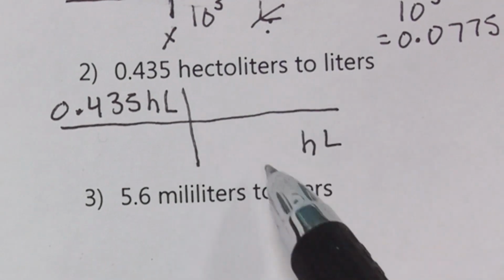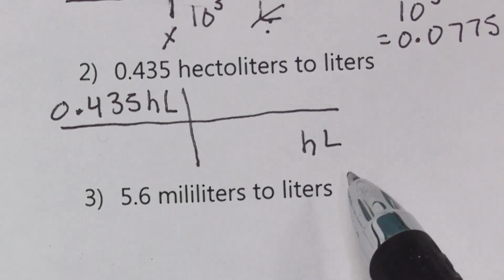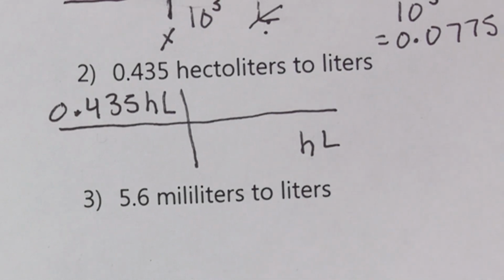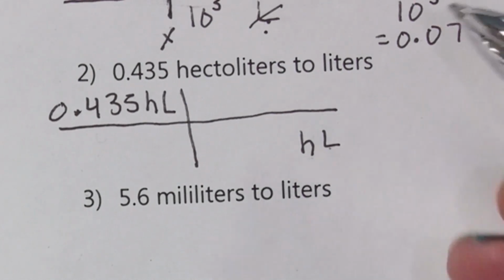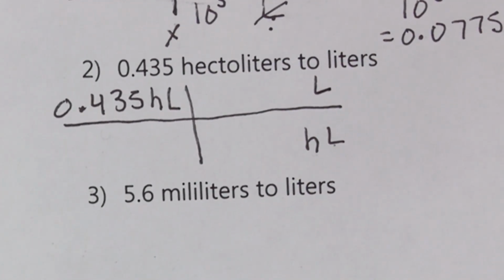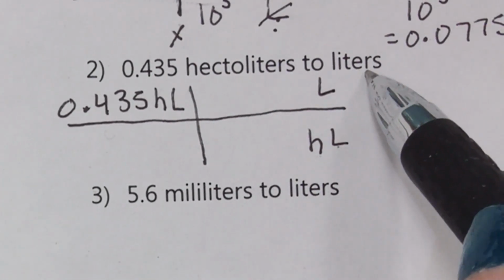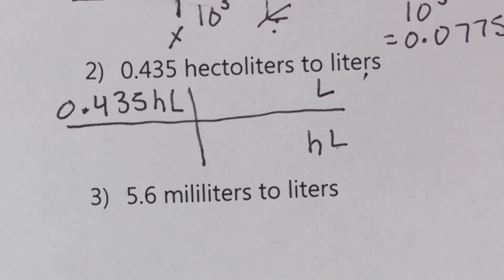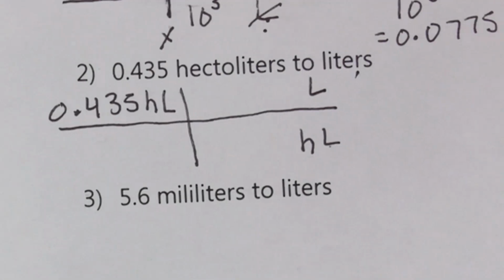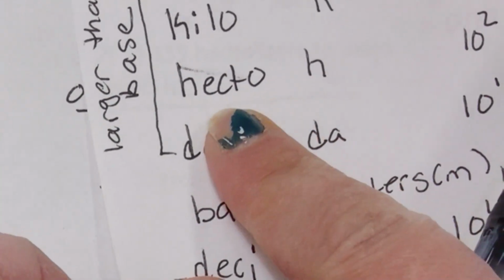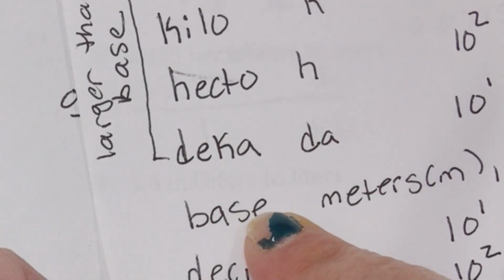Now, in each conversion section, I must have a base unit. Hecto is not the base. Liter is the base. So I have to go to the liters, which in this case is also what I'm solving for. So that works out really well. Now, hecto is above the base.